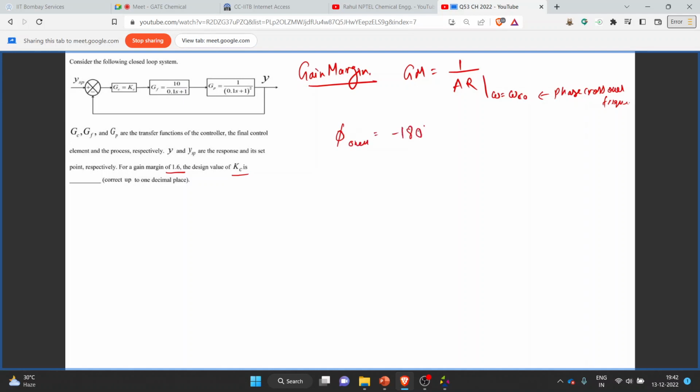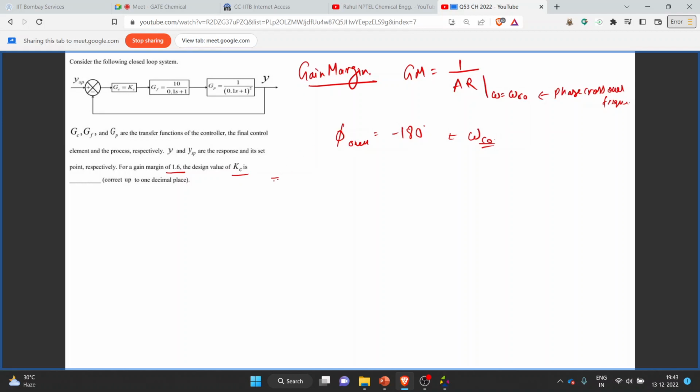That is the frequency at which the overall phase lag is minus 180 degrees. So to find the gain margin, first we have to find this crossover frequency. So we will do that.